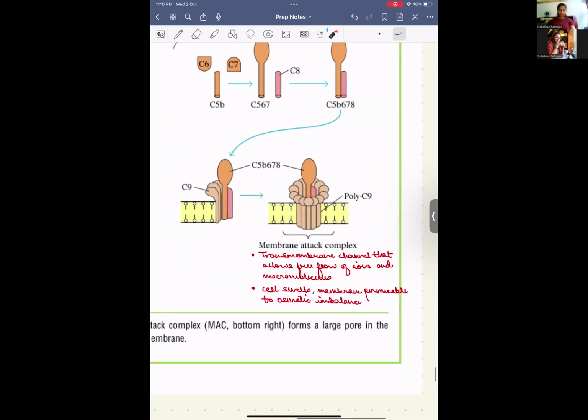Once we have the assembly of poly-C9, this is a pore formation. This is known as the membrane attack complex. There is a transmembrane channel that allows free flow of ions and macromolecules. There can be influx and efflux of ions, there can be leaving of macromolecules, and there can be entry of water.